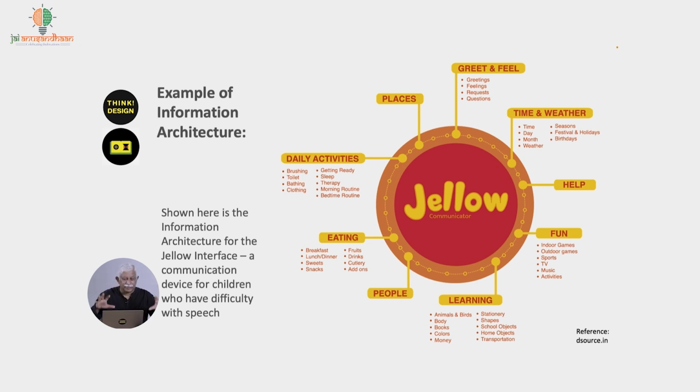So this is the categorization of the different icons according to different activities. You can see places, greet and feel, time and weather, help section, fun section, learning section, the friends and people section, the eating section and the daily activities section. So this is the very broad information architecture of Jello.